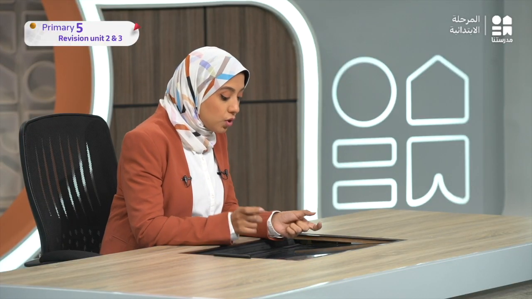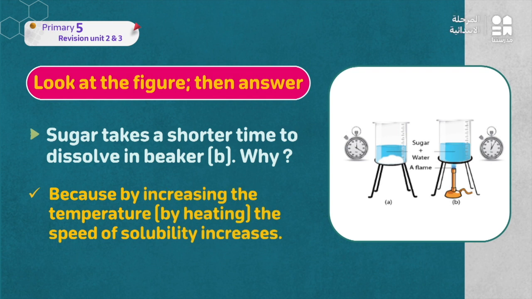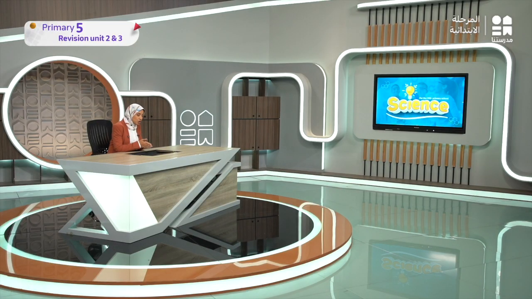After we measure the time for each of them, we find out which one dissolves the sugar faster. Sugar takes a shorter time to dissolve in beaker B. Why did the sugar dissolve faster in beaker B than beaker A? Think with me, we just said it a little while ago. What affects the solubility? Heating or the temperature. So why? Because by increasing the temperature or by heating, the speed of the solubility increases.